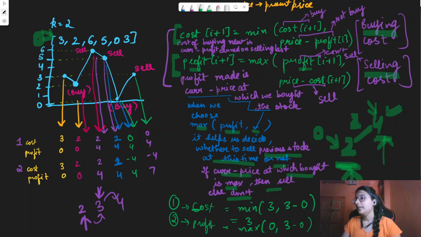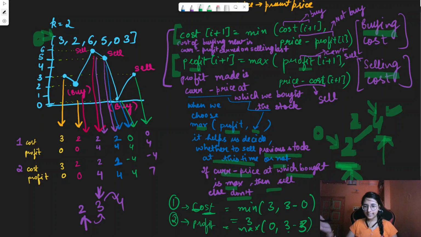Yes, because the cost of I plus 1 is 3 here, and the price which we are taking is 3. So that's why we are taking this. The thing is that at this particular moment in time, the profit which we made was basically 0, right? And next, the price which we took was 3, and the cost of I plus 1, which we already calculated at that moment of time, was the cost at which we bought it.